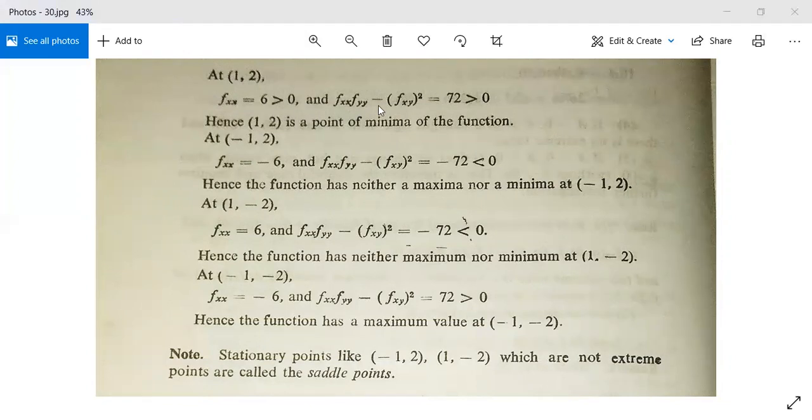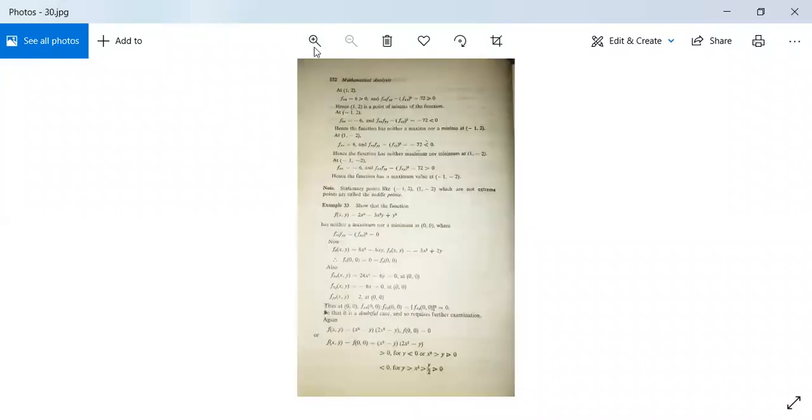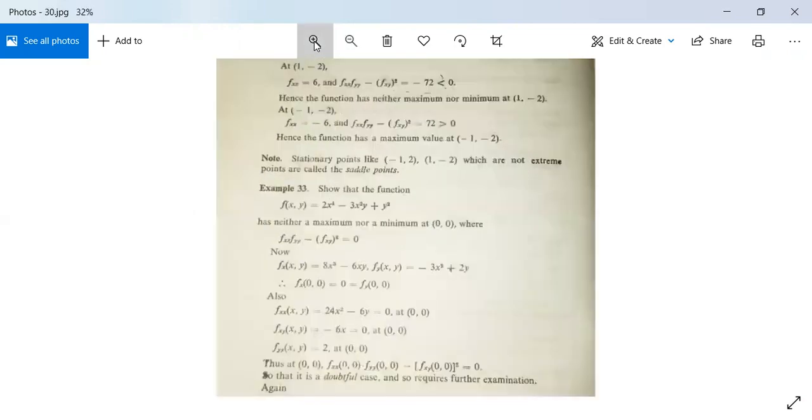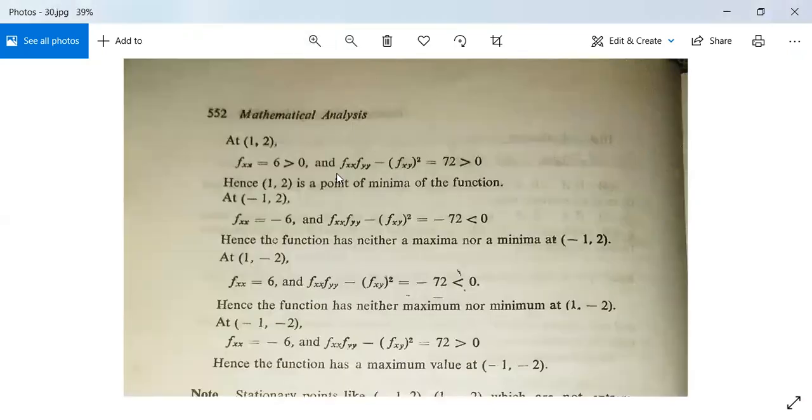And fxx fyy minus fxy whole square: fyy is also 6, so it will be 6 into 6, which is 72, greater than 0, because fxy is 0.